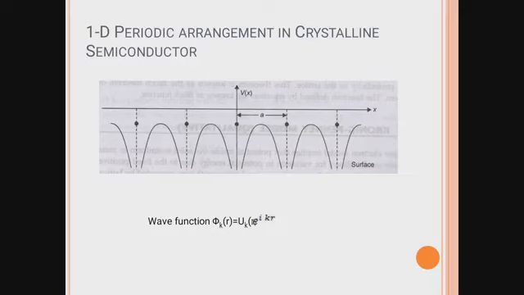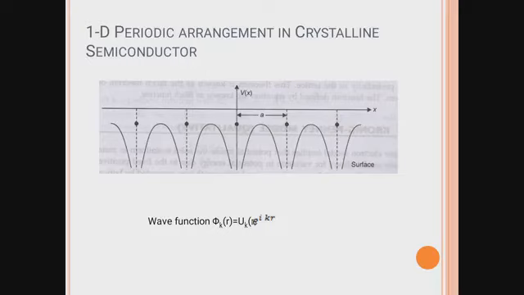According to Bloch, the scientist, the probability of finding the electrons should also be periodic because the structure is periodic in nature.